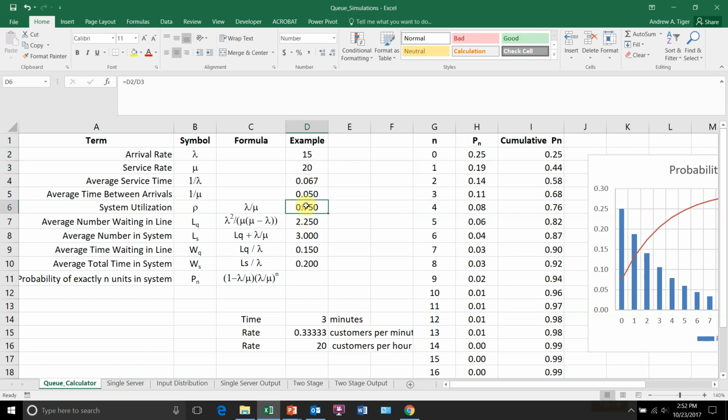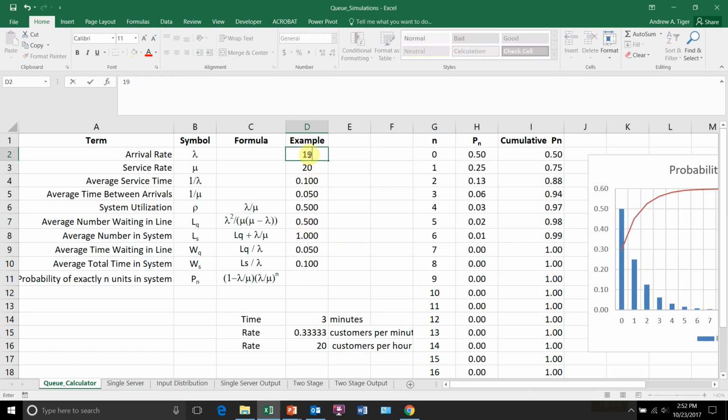We calculate our utilization. Now we can calculate our performance metrics. The first one is the average number of people waiting in line. It's a little over 2, about 2.25 people. And again, if I play with these numbers, if the arrival rate is much less, then I don't have as many people waiting in line.